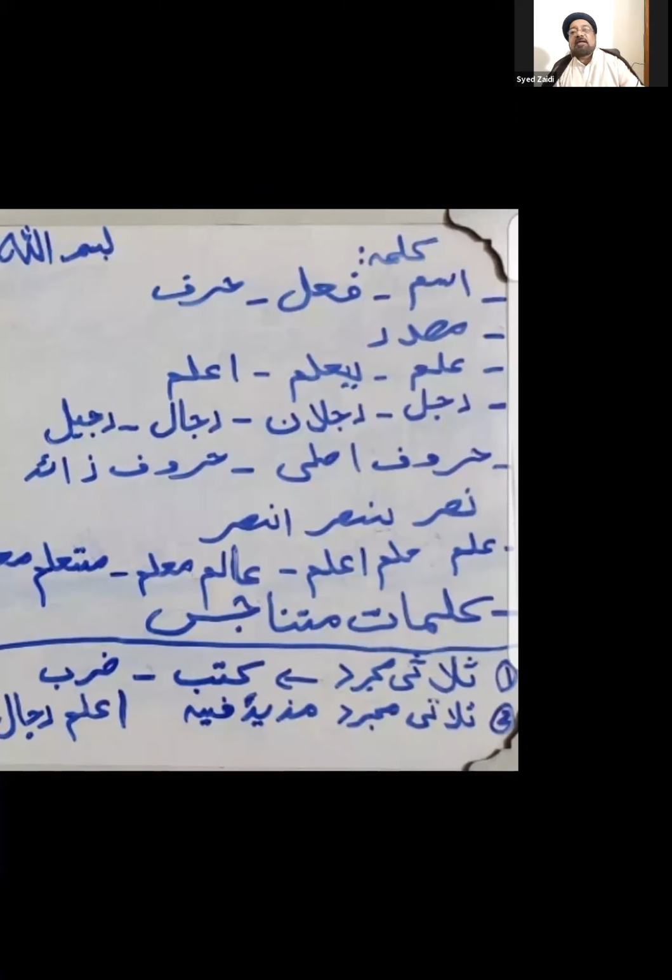So that's one way. If I give you a number of words of a single family, you will be able to find out the huruf asli. And once you find the huruf asli, that will be the masdar, the root word of all of those words.